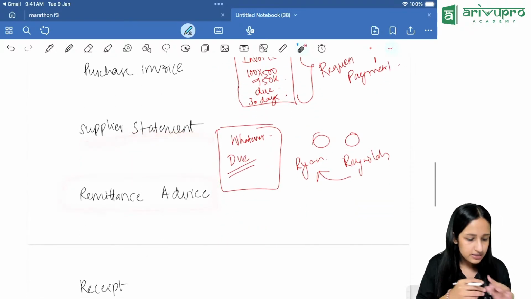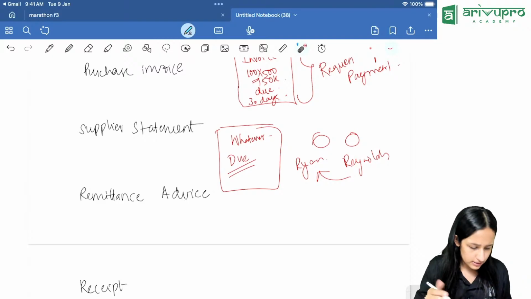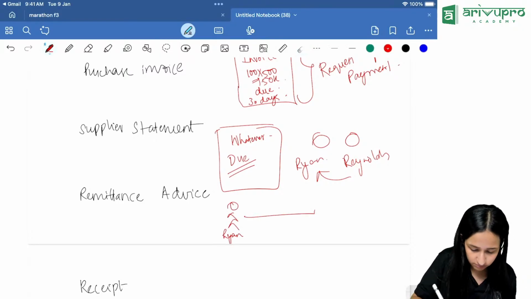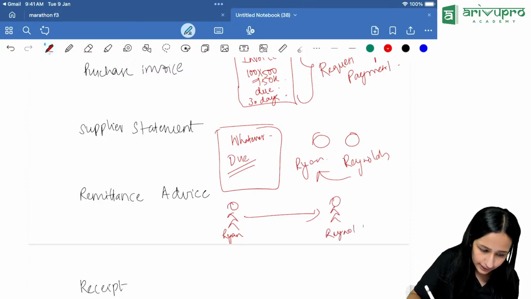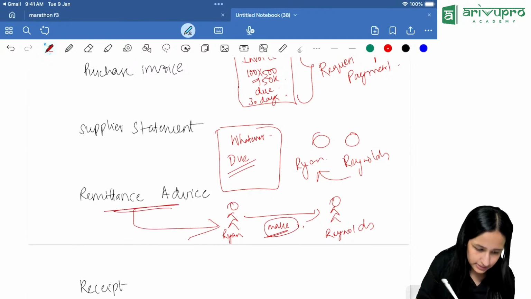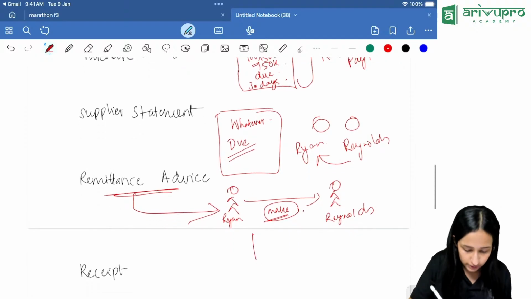Next is remittance advice. What is the meaning of remittance advice? Ryan, finally he's fed up and he's like, okay, fine, oh my god, I'll pay you the money. So Ryan will make the payment, okay, and he sends this remittance advice to Reynolds. In that remittance advice, what all does he mention?